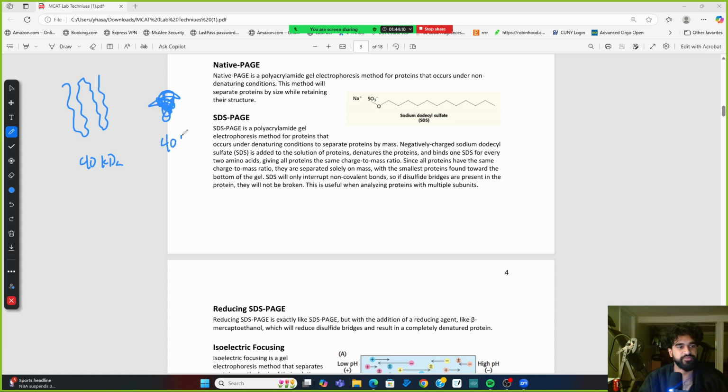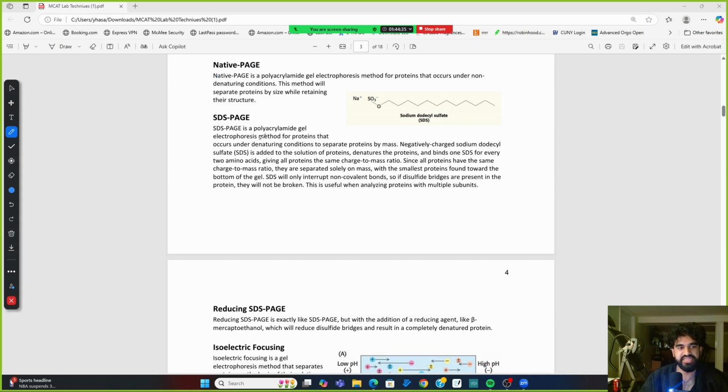And it also weighs 40 kilodaltons. Which of them is going to move quicker through the gel in a native PAGE? Native. A or B, which one's going to move quicker? B, why? Yeah, it's more dense. Very good. It's smaller, so it's going to move faster.